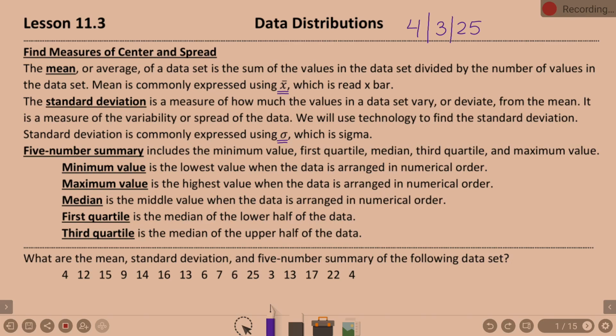So there's 5 numbers. You need to know the minimum value, the maximum value. Those are 2 of your 5 numbers. Okay? You need to know the median. So we'll review finding the median. And then you also need to know the first and third quartiles, which median, if you recall, is the middle number, right?